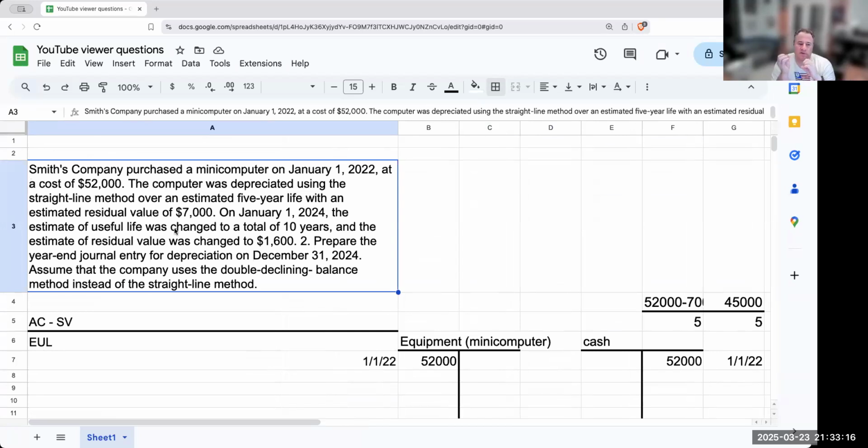The way this is worded is very vague. Is it changed to 10 years as of January 1st, or is it going back and retroactively saying, as of January 1st, it was now 10 years? The answer is, I don't know. And I'm going to assume it's 10 years going from January 1st.